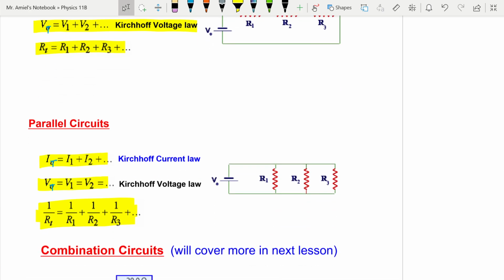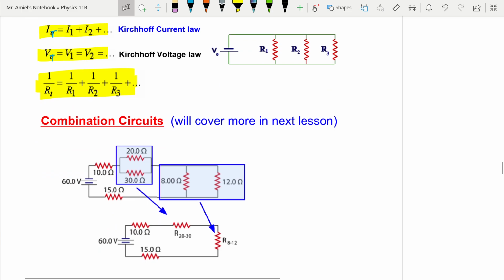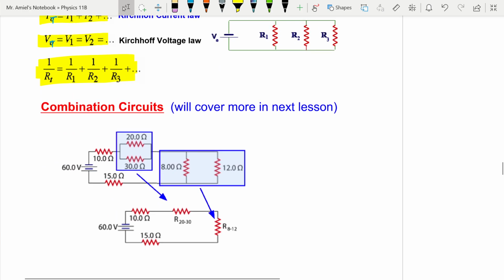Okay, and then where we're going to head next time is combination circuits. So we're going to have portions where we're looking at things that are in series and things that are in parallel all combined into one circuit, and we're going to reduce them down into something simpler. So we're going to go from a more complex circuit diagram like this to something that's a little bit more manageable like this.